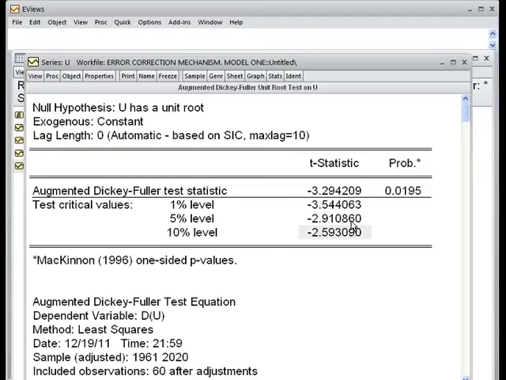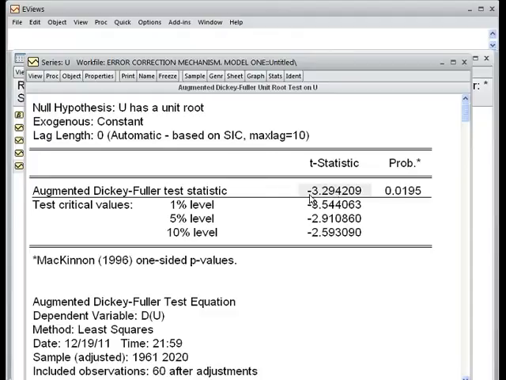I am saying again, the critical value from Engle-Granger at 10% is minus 3.04. So here I am taking the 10% level. You see, the absolute value is 3.29.